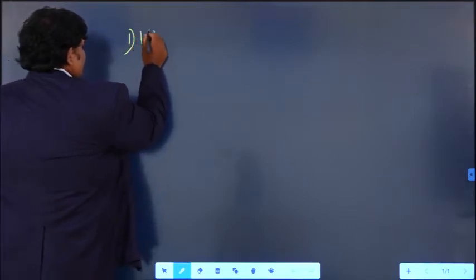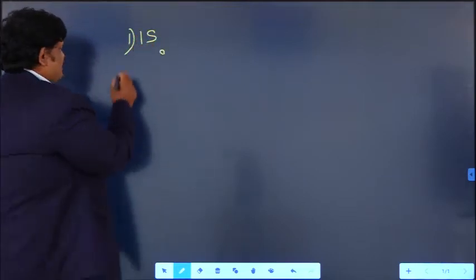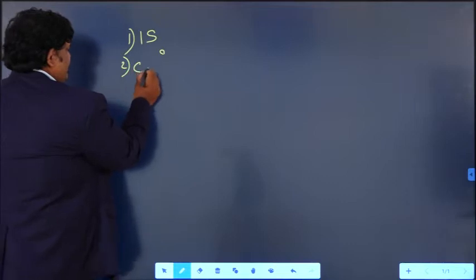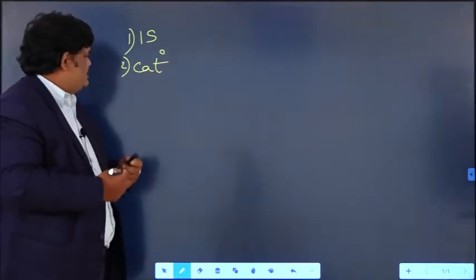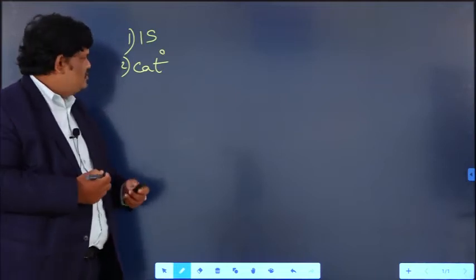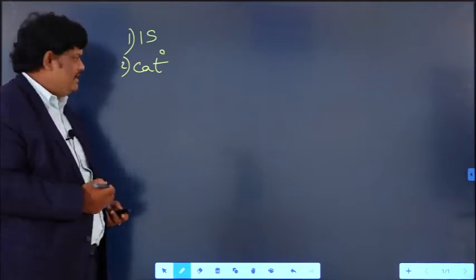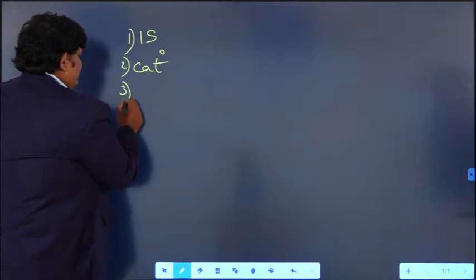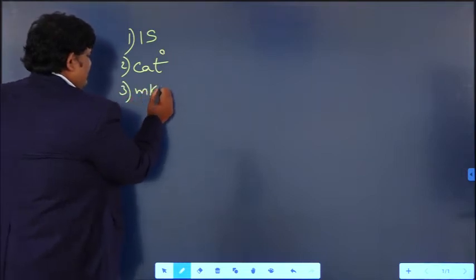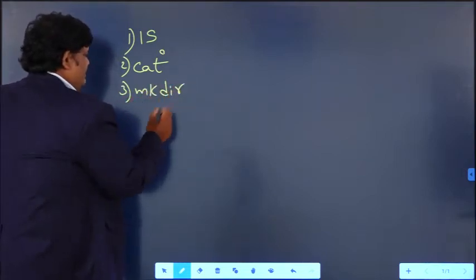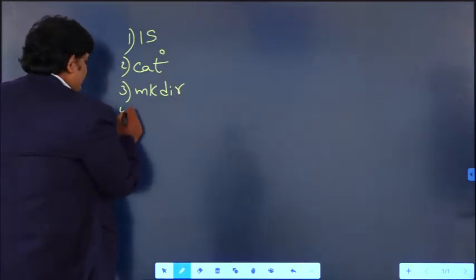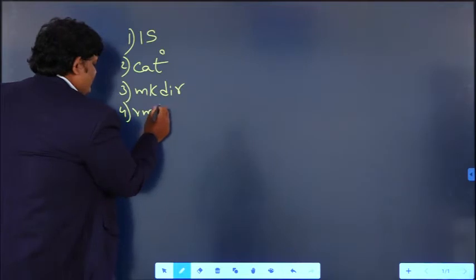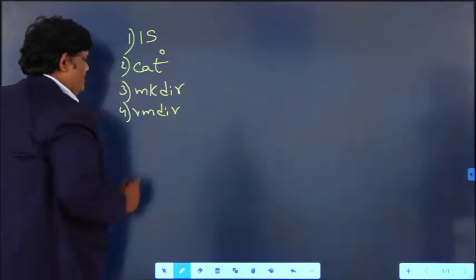First, ls for listing the files, and second, the cat command. With the help of the cat command, we can see the content of a file, and we saw many examples of it. To create a directory we use make directory, that means the mkdir command. To remove a directory we saw rmdir.